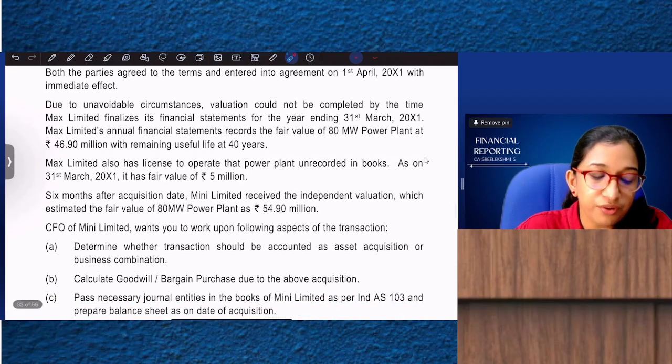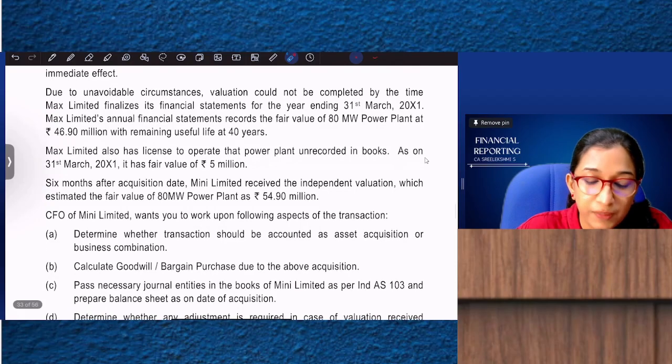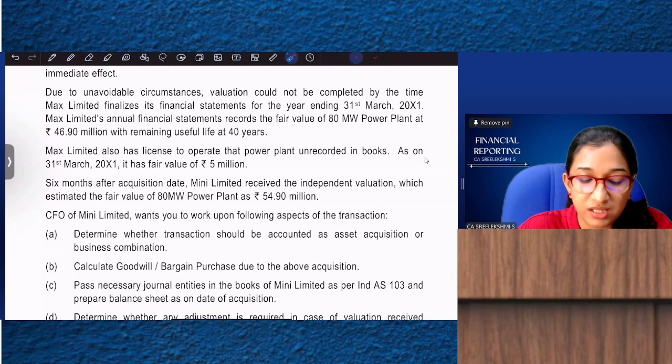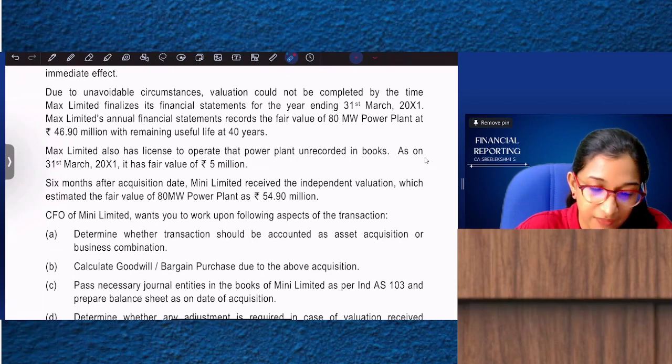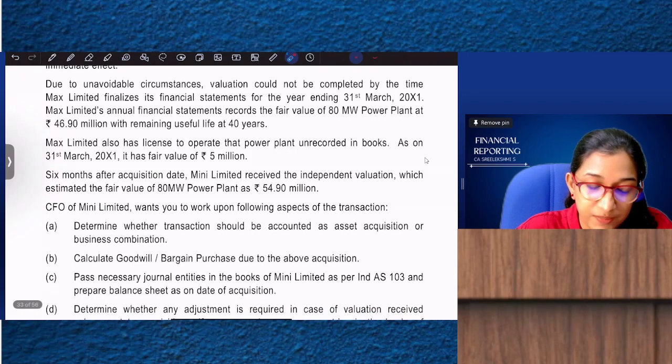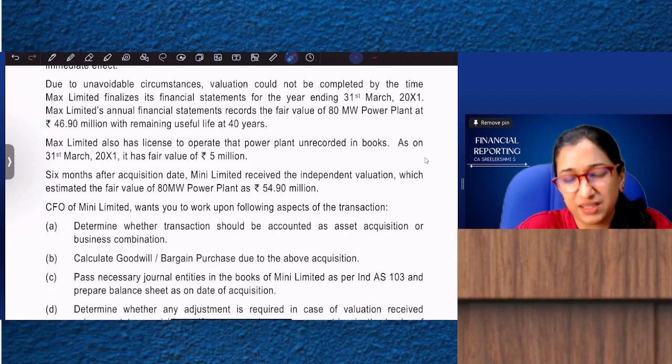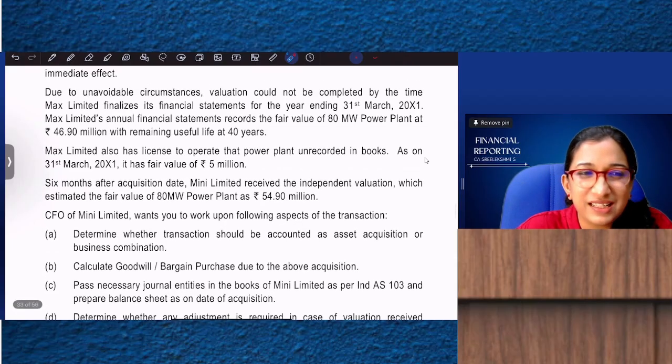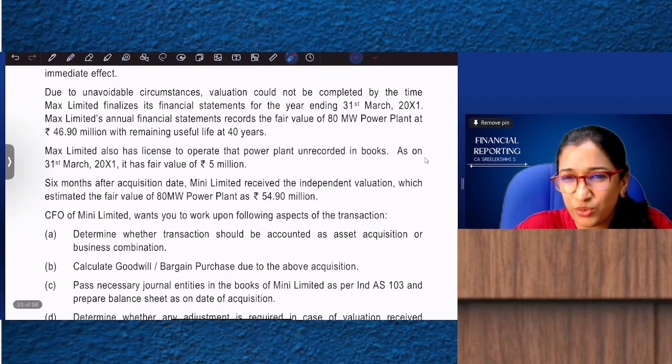Due to unavoidable circumstances, valuation could not be completed by the time Max Limited finalizes its financial statements for the year ending 31st March 2011. So if valuation is not completed, is there any aspect you remember? Is any time period given as per IND AS 103?